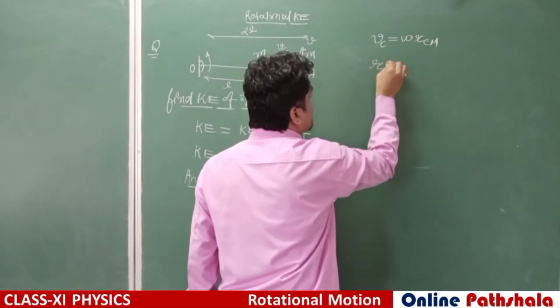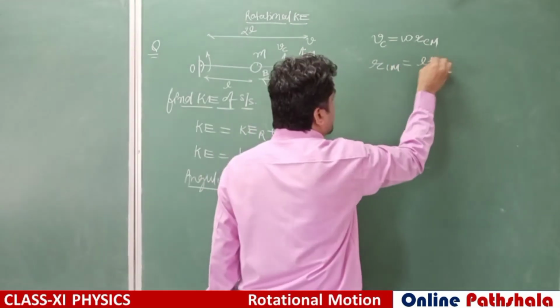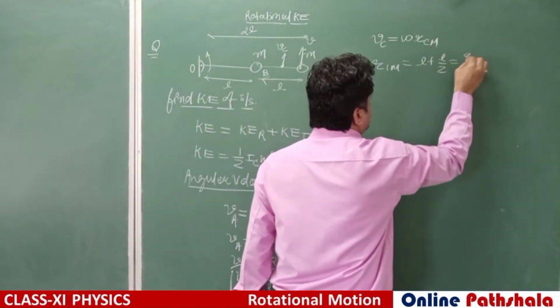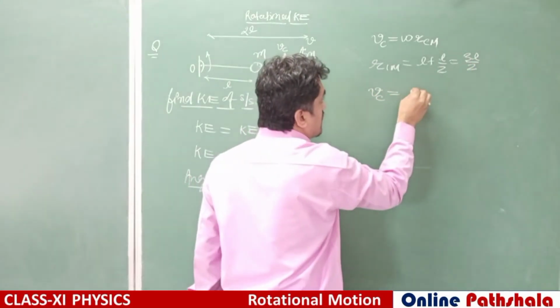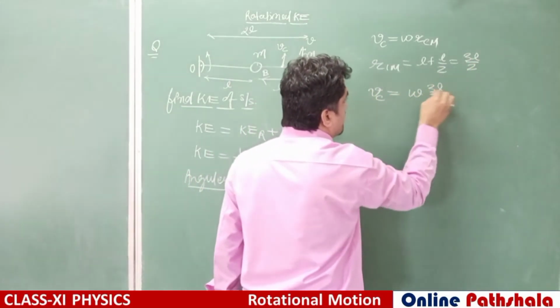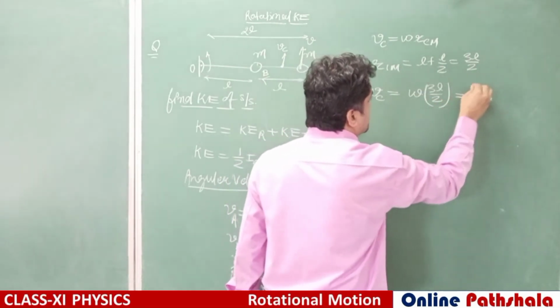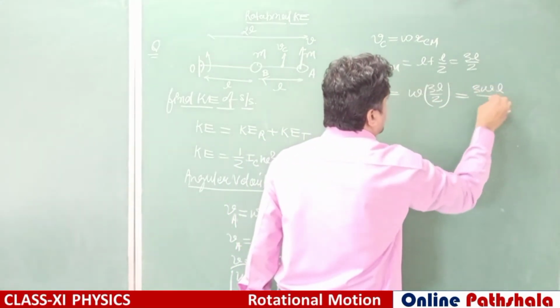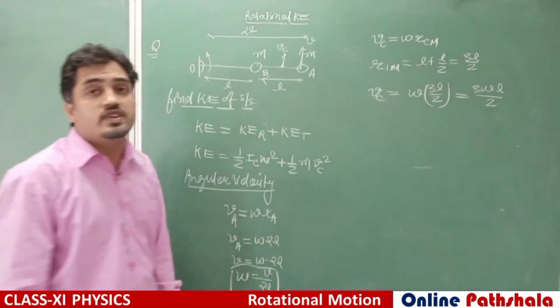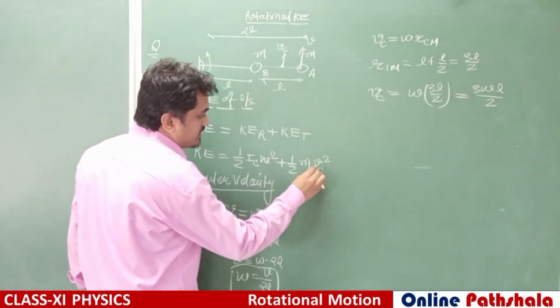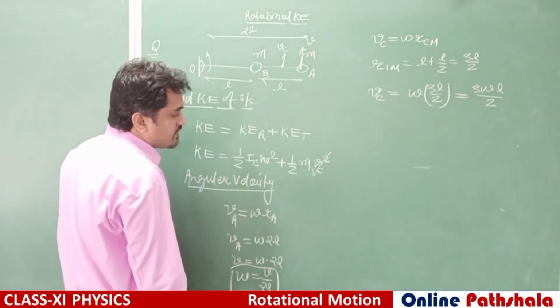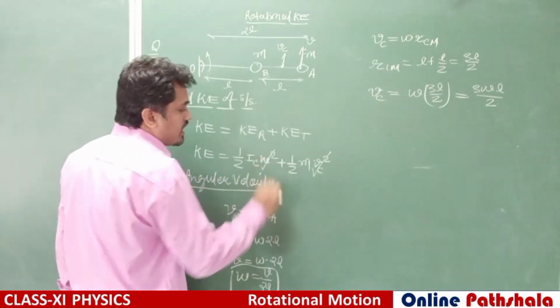The position of center of mass is L plus L by 2, which is equal to 3L by 2. So the velocity of center of mass is omega into 3L by 2, which is 3 omega L by 2. It is the Vc. So we have found Vc and omega.